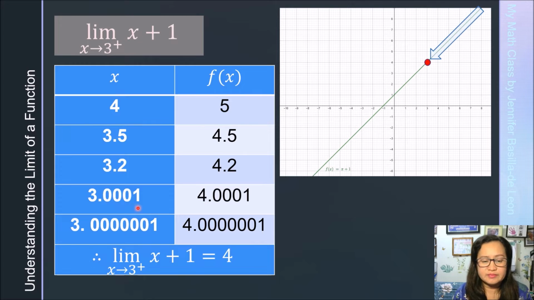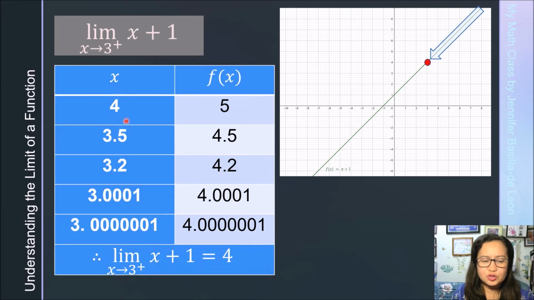If we have 3.0001 as the value of x, we would be able to get f of x equal to 4.0001. If we choose again a much closer value to 3, like 3.00000001, we would have f of x equal to 4.00000001.